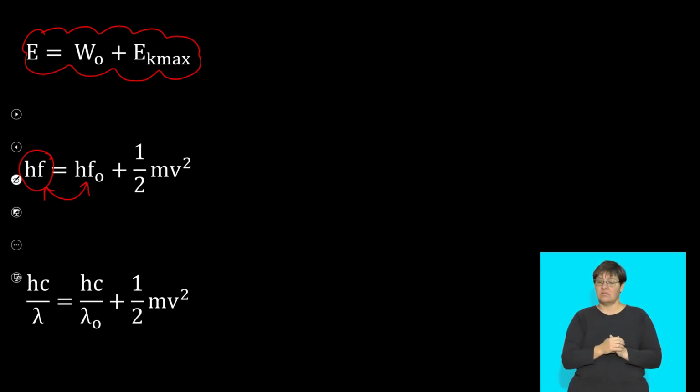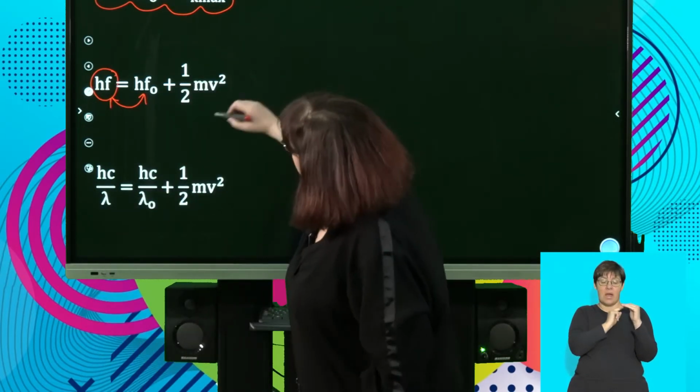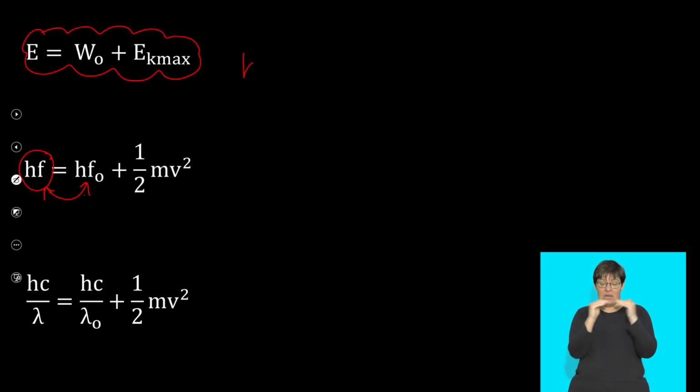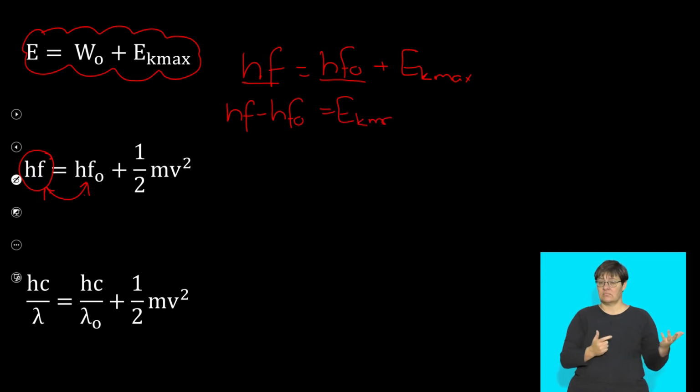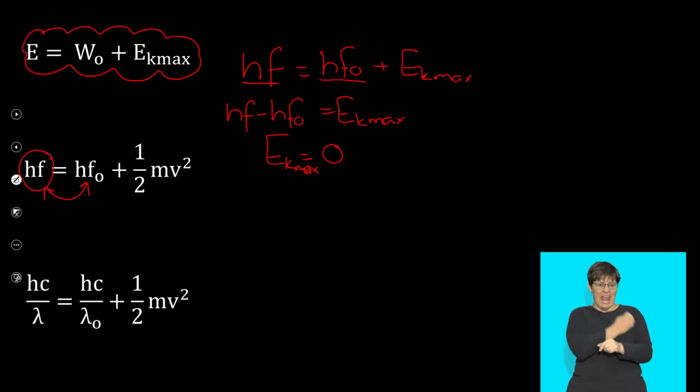So we're at the point where we've just met the threshold, and in fact we wouldn't actually get a current if we're just on the threshold, because if those values are equal and we go hf equals hf0 plus EK max, if this value and that value are equal, when I take it over, then my kinetic energy is 0. Well, if the electrons don't have any energy, they can't move anywhere.